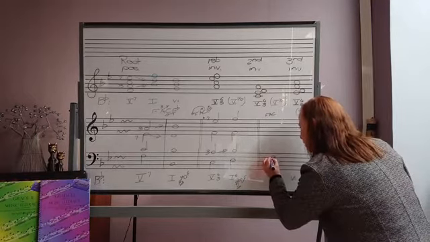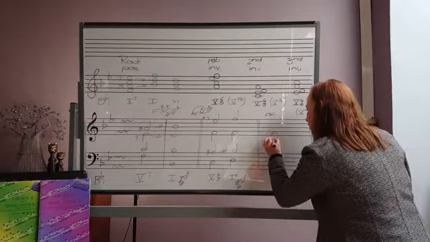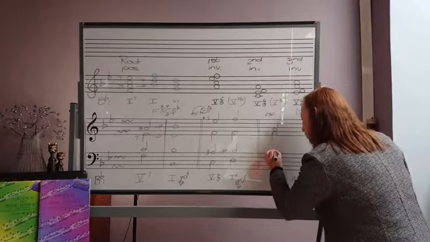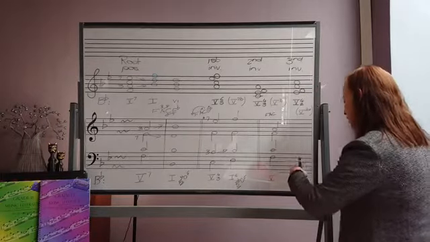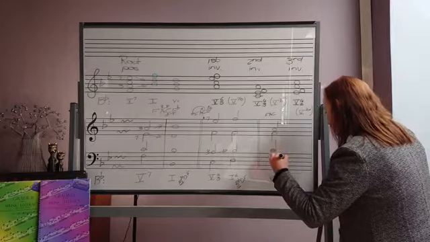So I'm just going to quickly write that for you. That's F, and I'm going to double the F, A, C. And say now I'm going to write chord 6.